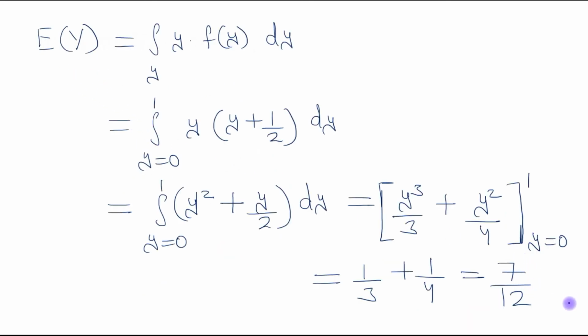So we have found E x as 7 by 12 and E y is also 7 by 12. Okay.